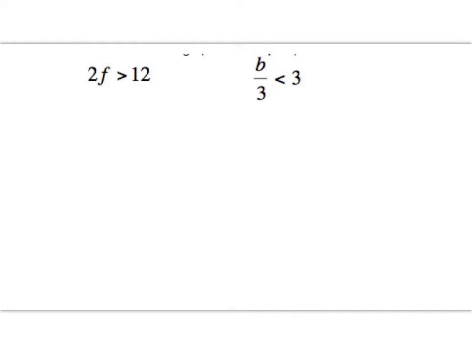Okay, so what should happen if you instead have an inequality? The same rules apply. So basically what you're going to do is look at this greater than sign as if it is an equal sign. And 2 and F are multiplied by each other, so I need to divide by 2 and divide by 2.